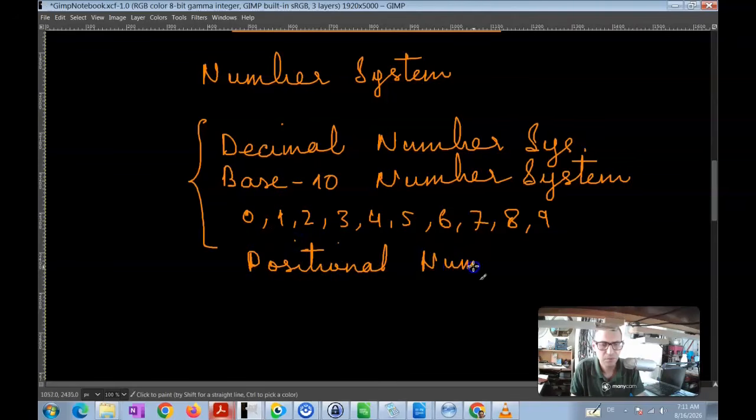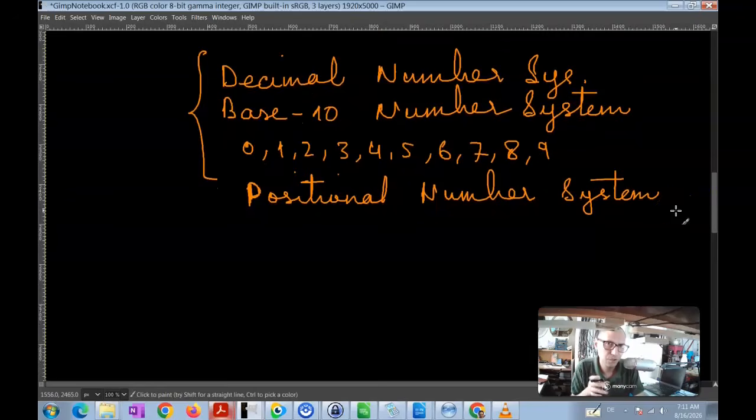Because it's a positional number system, you can create all the numbers you could think of, using only these 10 characters, 0, 1, 2, 3 all the way up to 9. You put these different characters in different positions, and that contributes to the value of the whole number.